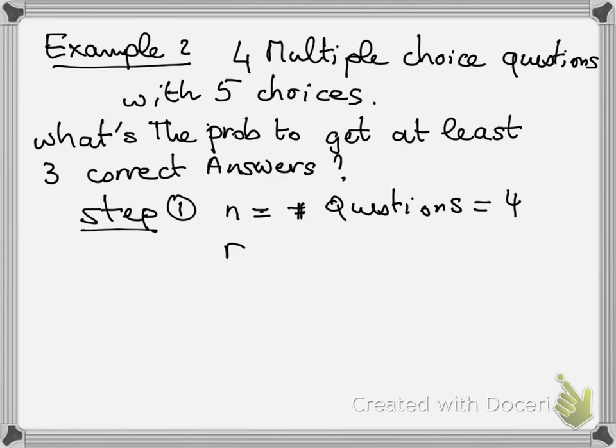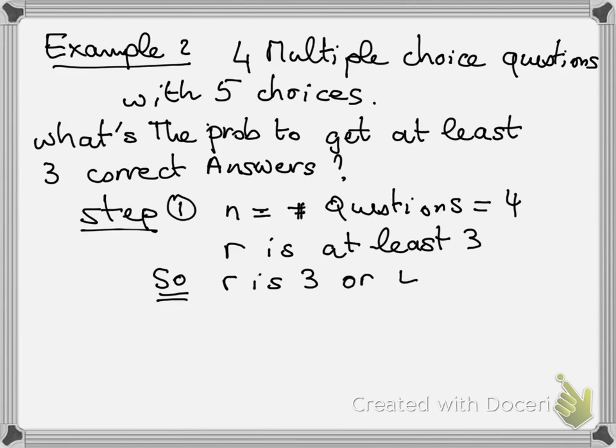So R is at least 3. Of course, we have 4 questions, so R is 3 or 4. To get at least 3 correct answers, it means you get 3 correct answers, or you can get also 4 correct answers, right? You have 4 questions. So R is 3 or 4.